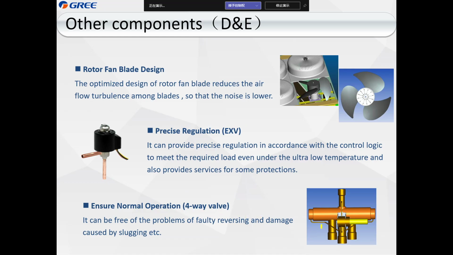This is for the reversing of refrigerant. Here I mention one point: at present we mainly promote the E series as the cooling only unit. The D series has the heat pump, but for the E series we mainly promote the cooling only unit.